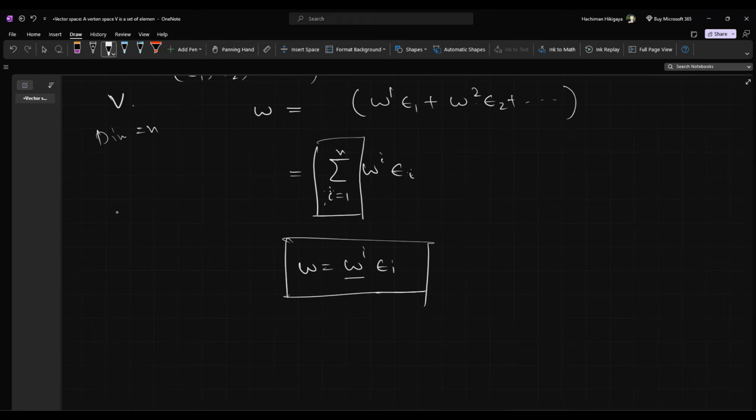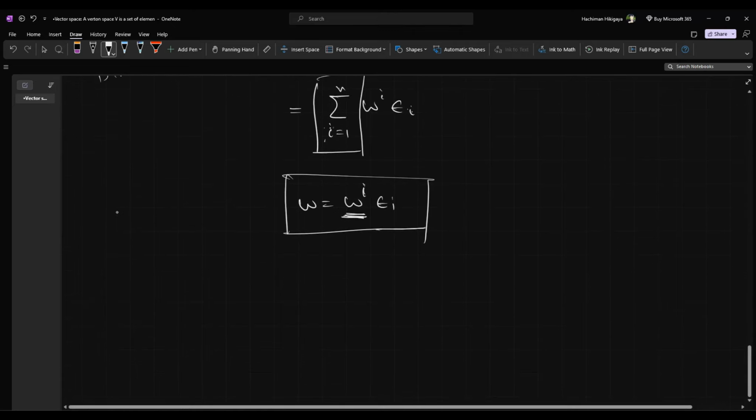In vector space, the scalar coefficients are written as upper indices, and the bases are written in lower indices.